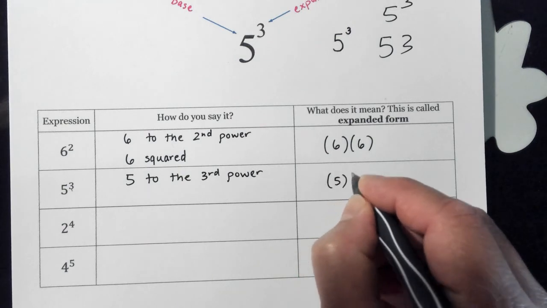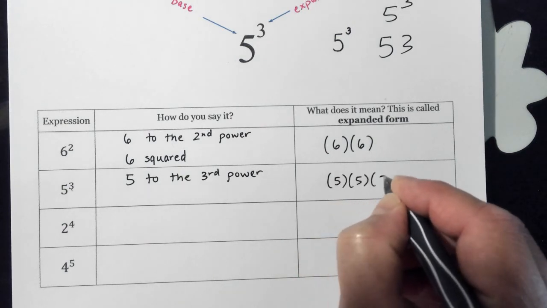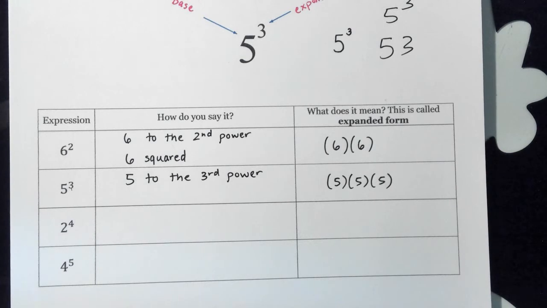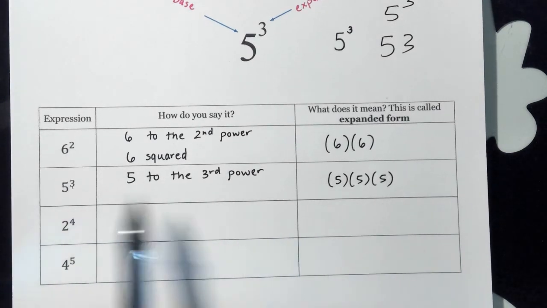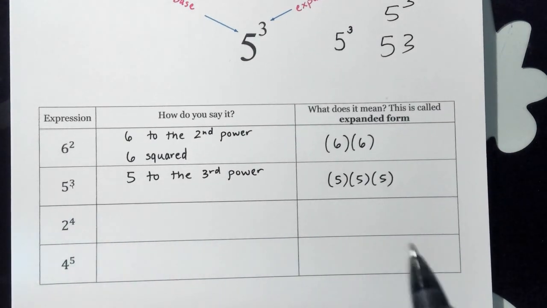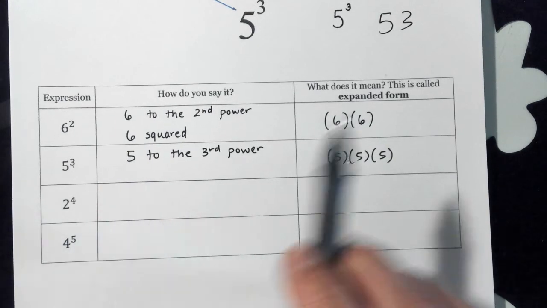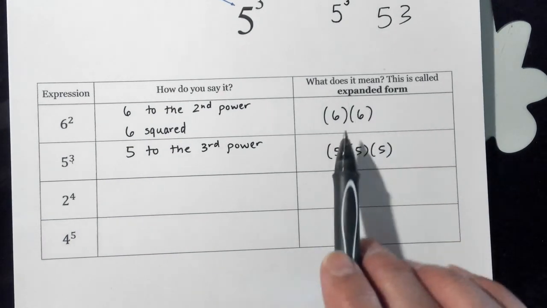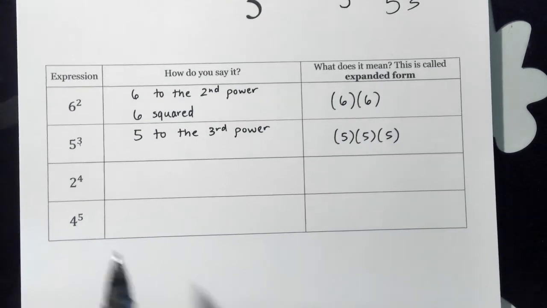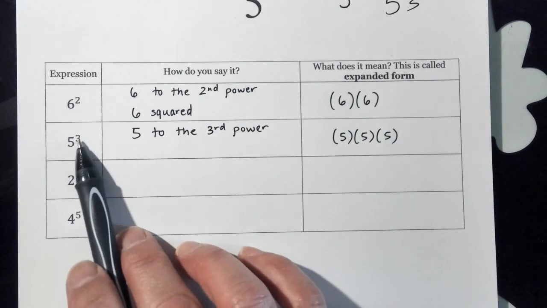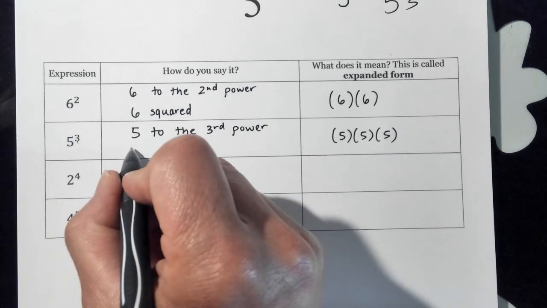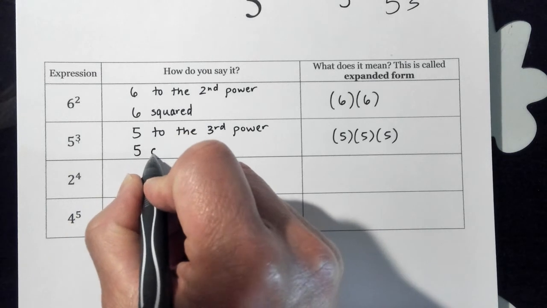This, by the way, is called expanded form. When you write it out, how many factors there are, that's called expanded form. So if we ask you to write in expanded form, that's all you have to do. The more common way to say this is 5 cubed.